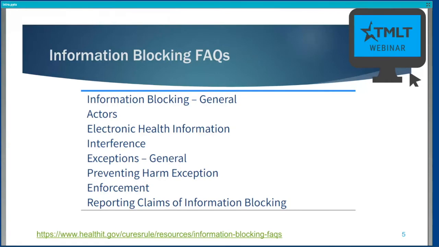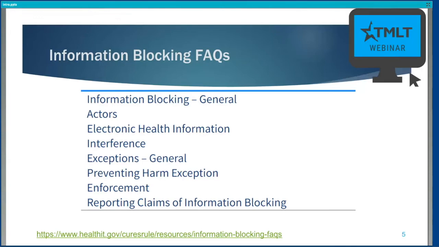Personally, I always find their FAQs, or frequently asked questions, helpful, because I think they've done a good job to continue to add to frequently asked questions as different issues have arisen. This might be a good website for you to bookmark and refer back to often, because they do continue to add to this list.